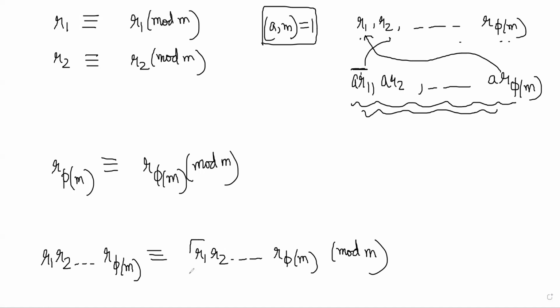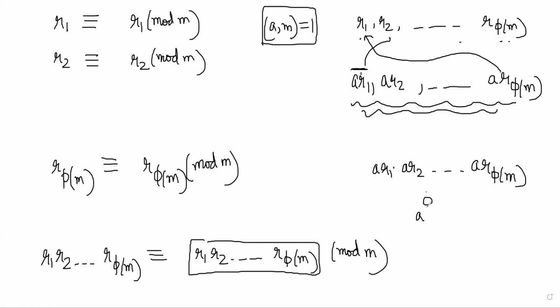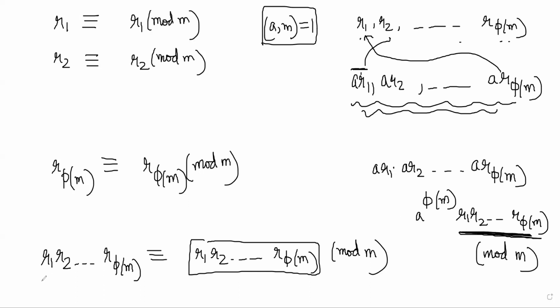So instead of these products, we can write this as simply AR1 times AR2 and AR phi M here, which becomes A power phi M and R1, R2 till R phi M here, mod M. And now because the product of these is co-prime, you can cancel this on both sides easily.